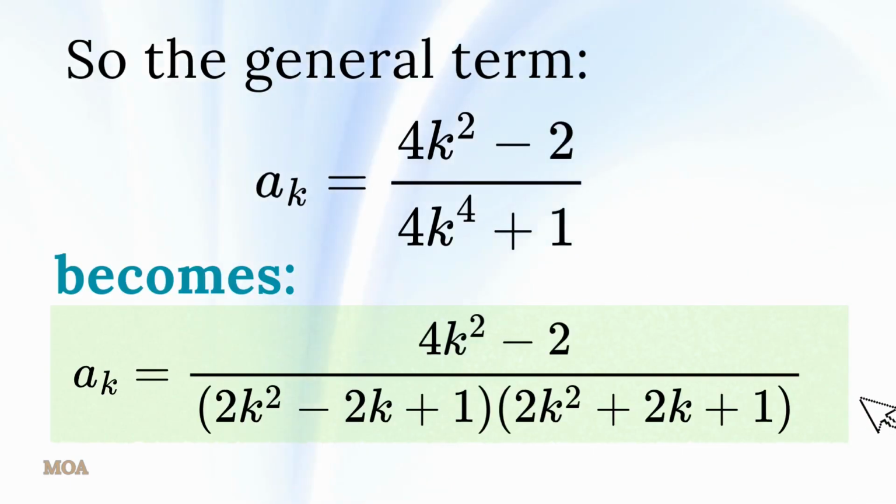So the general term, (4k squared minus 2) over (4k to the 4th power plus 1), becomes (4k squared minus 2) over the quantity (2k squared minus 2k plus 1) times the quantity (2k squared plus 2k plus 1).